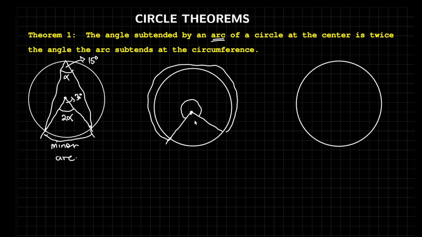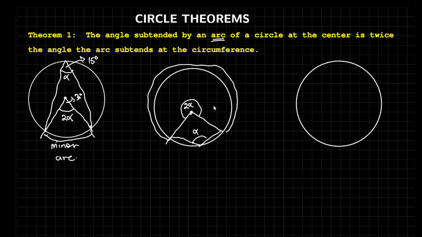Remember, it is drawn this way to make it correspond to the fact that it is a major arc. So the angle subtended at the center by this major arc is twice the angle it subtends at the circumference. Again, if this is 2 alpha, this is going to be half of that, which is alpha.